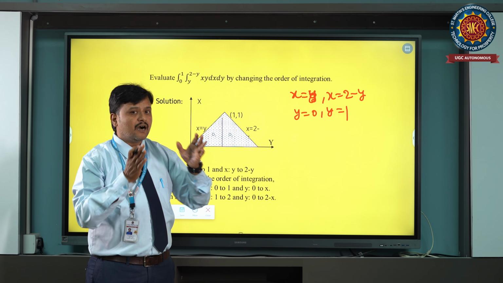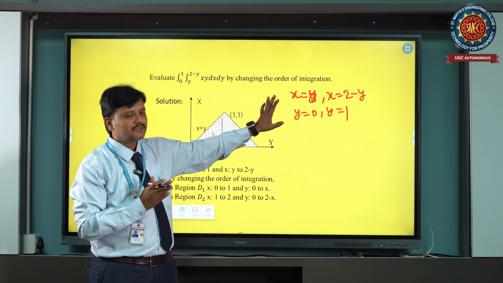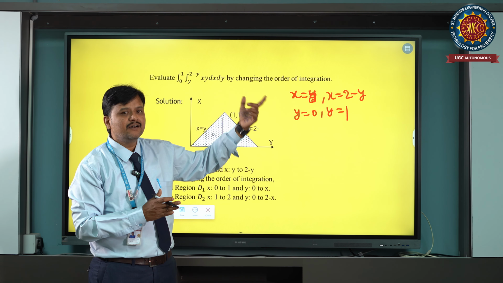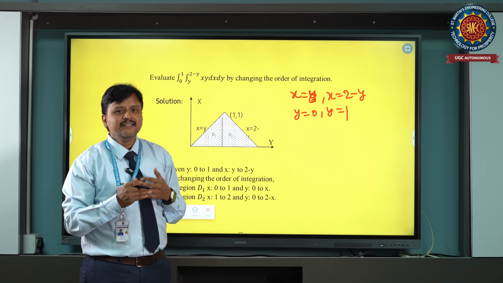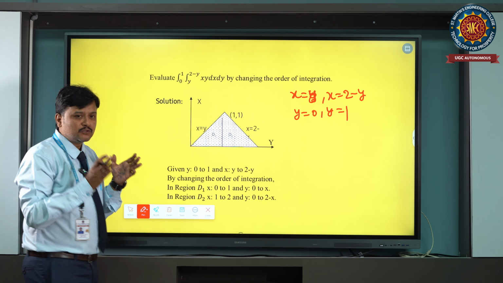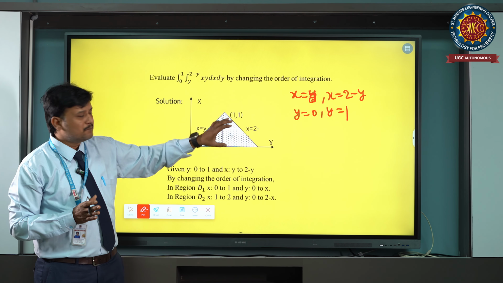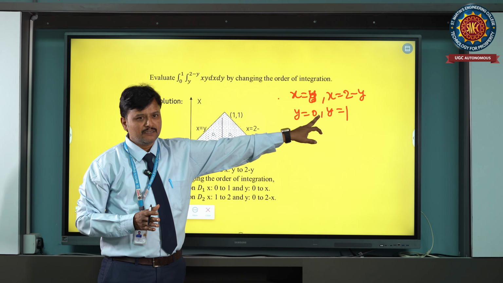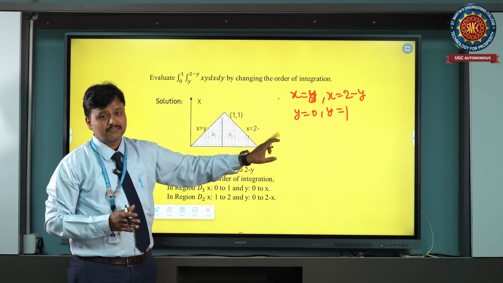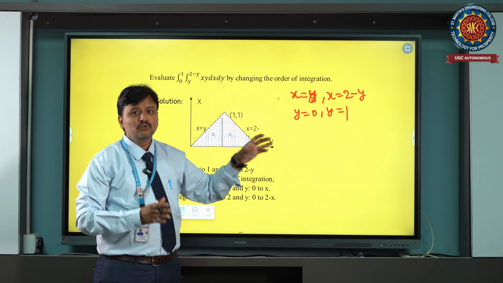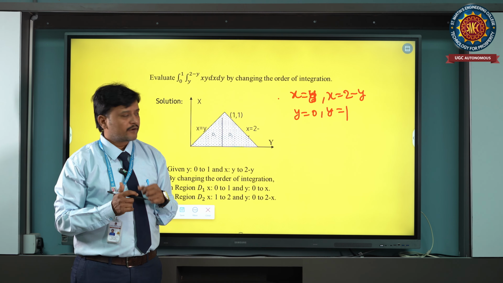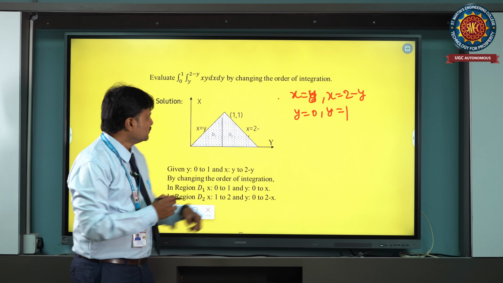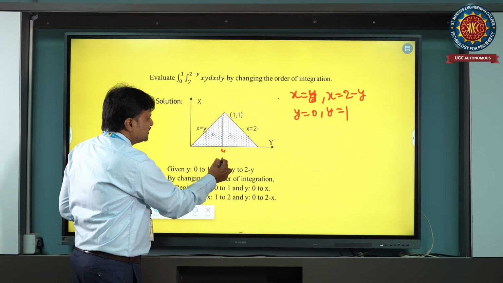Now let us see how to evaluate the new limits. To find the new limits, we have to draw the diagram by using these four limits. Here two limits are variable limits and two limits are constant. By using these four, we have to draw the diagram. Okay, you can see y is equal to 0 means the x-axis.